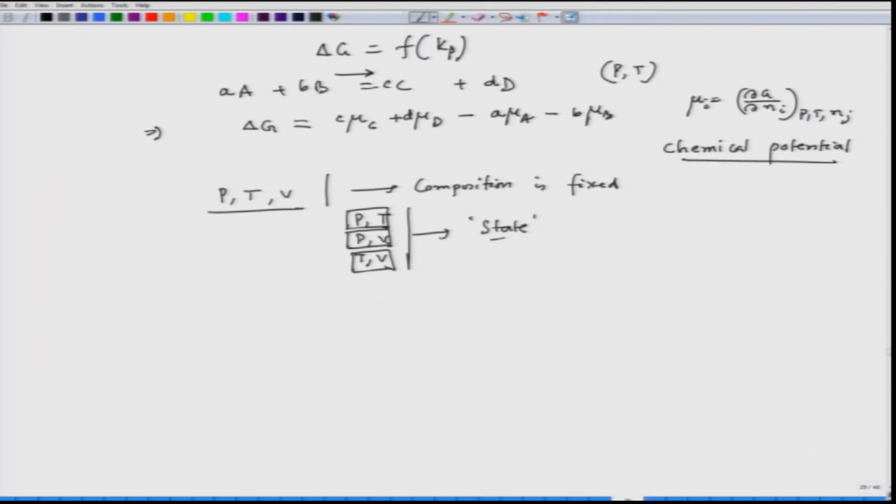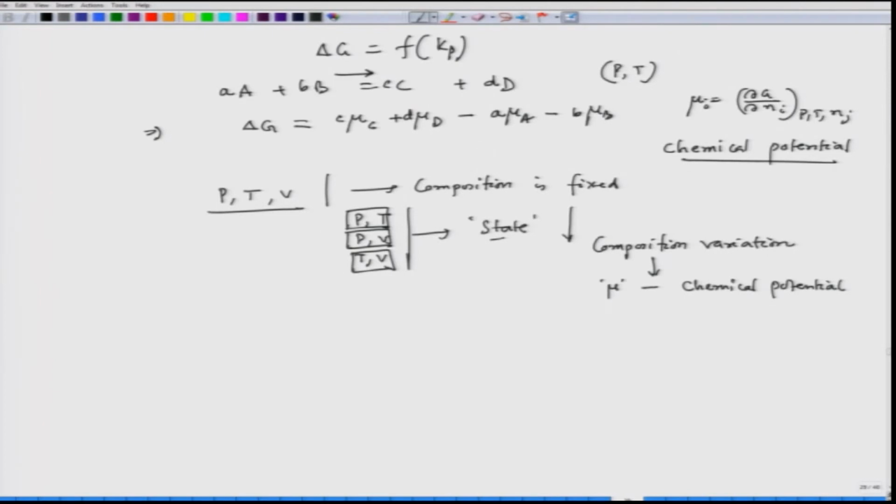Now, once we have the composition variation, then we have to introduce one more parameter to define the state of the system, and that parameter is defined in the form of chemical potential, because the composition becomes another factor.